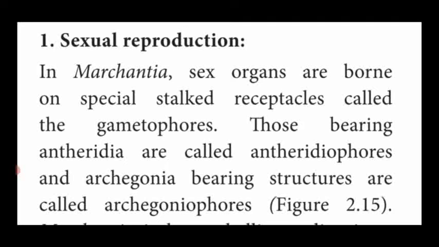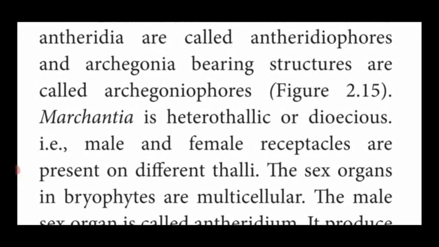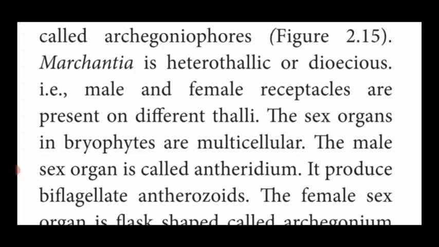So the gametophore which bears antheridia is called antheridiophore. That means gametophore with the antheridia is known as antheridiophore. And the one which bears archegonia is known as archegoniophore. So due to the presence of antheridiophore and archegoniophore, Marchantia shows the heterothallic condition or dioecious condition.